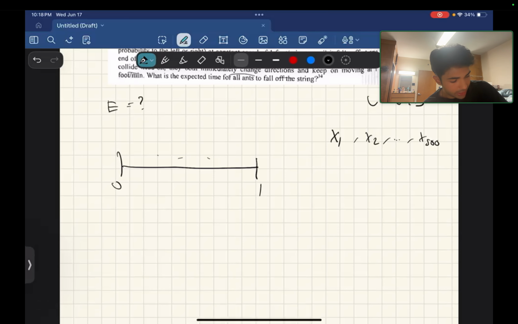If we have ant A and ant B, they're going their way, and once they collide, A will switch directions, and so will B. So where A is going now is where B was going to be going, and where B is going now is where A was going to be going previously.